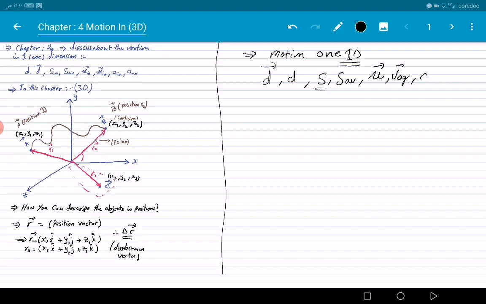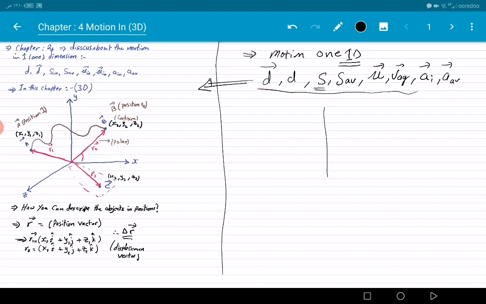Then acceleration, instantaneous and average acceleration. And we know how to find these quantities by equations. Today we discuss these quantities in three dimensions. We can describe how to find them in three dimensions.